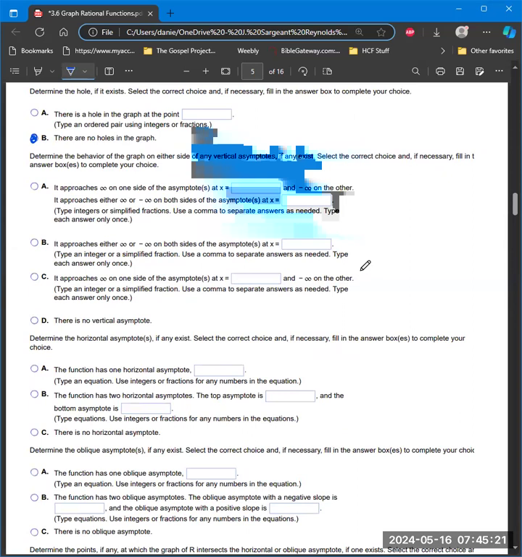So it's going to approach positive infinity on one side and negative infinity on the other. So that's going to be C. And those asymptotes again are at -3 and 2.